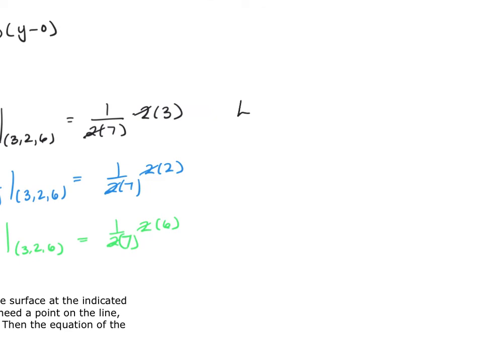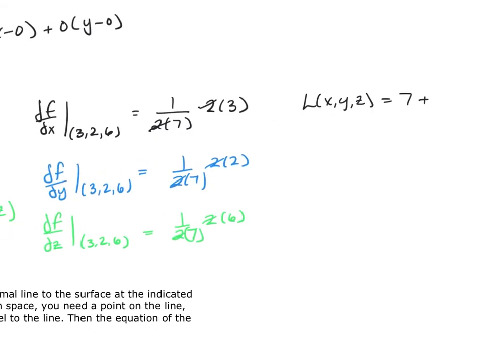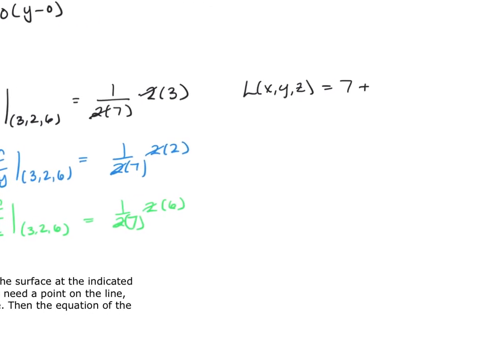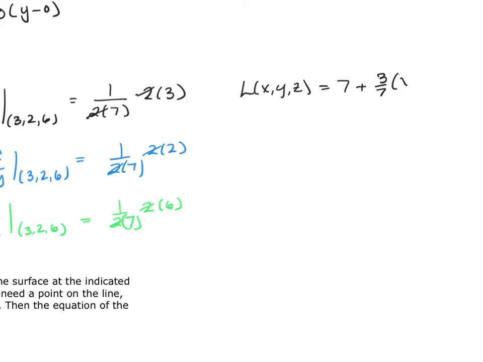So my L of x, y, and z is going to be 7, plus my slope in terms of x, my derivative with respect to x, which is 3/7, times x minus 3, plus 2/7, my derivative with respect to y, times y minus 2, plus 6/7 times z minus 6. And that is my final answer. I'm just going to leave it like that.